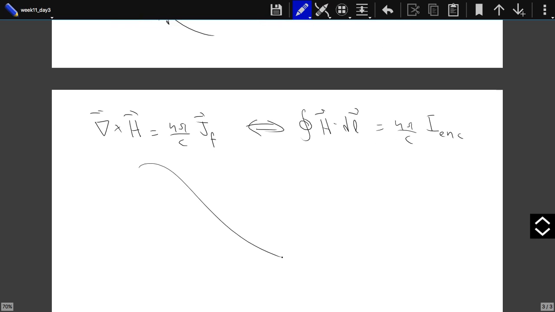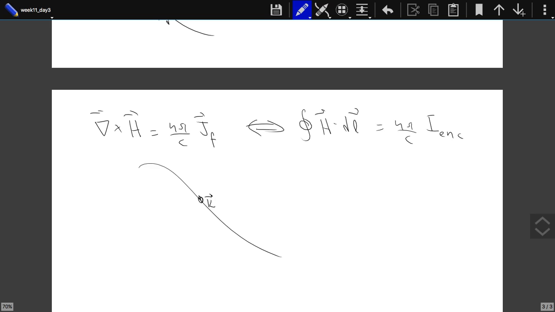Now we still have our surface. We can choose this loop such that one part of the loop is on one side, the other part is on the other side. Let's say at this point there is a surface current running into the screen. Let's assume our orientation is such that the current is running into the screen. We basically have two independent choices of loops. We can choose our loop such that the two sides of our rectangle are parallel to K, to our current.